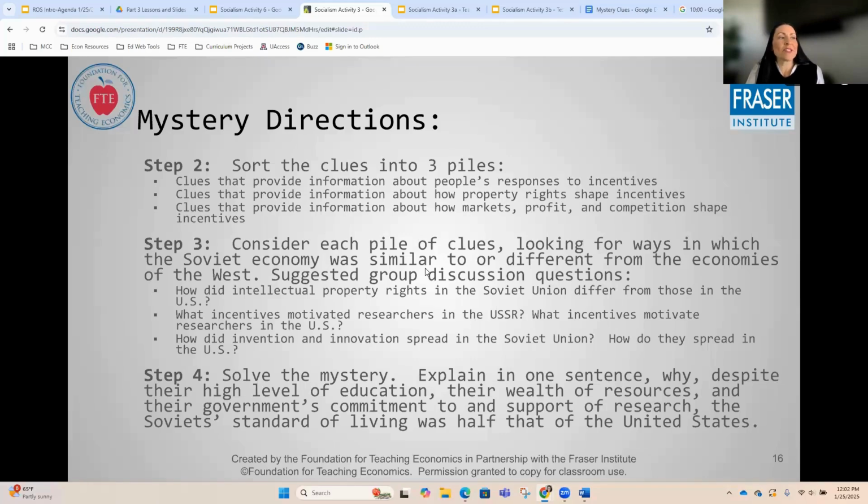And then they have to solve the mystery and try to do it in one sentence, kind of like name that tune. Try to name that tune with the fewest notes possible. Try to explain the solution to the mystery in one sentence. And I usually tell students they could do 2 or 3 if they need, or teachers, because we like to use lots of words. It's hard to do even in one sentence.